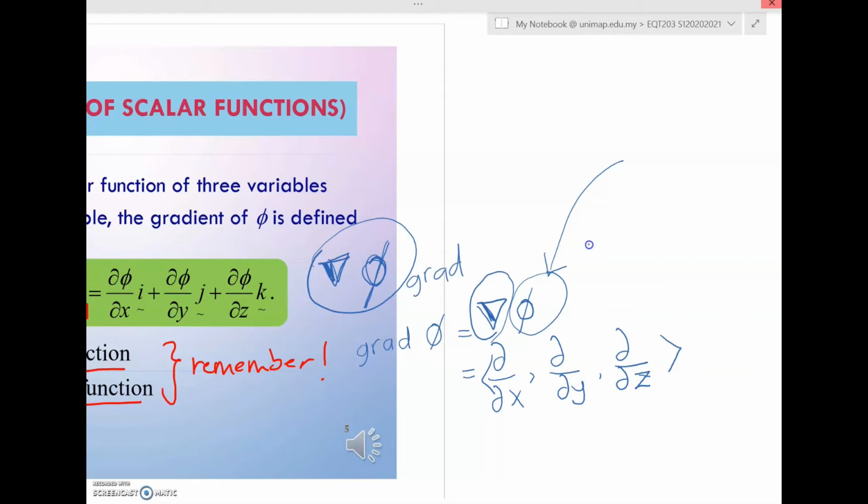So the same thing goes here. You have to put phi. This one is just a scalar, so you just substitute the scalar inside your derivative here.